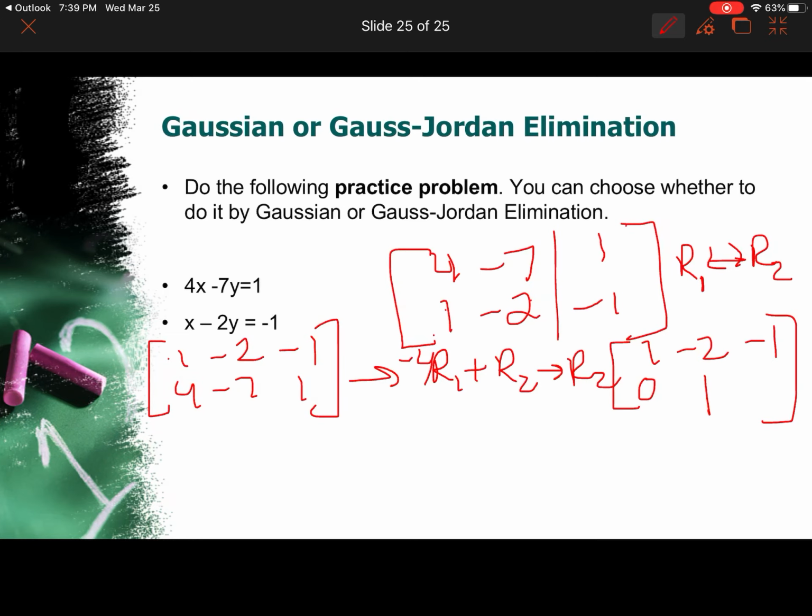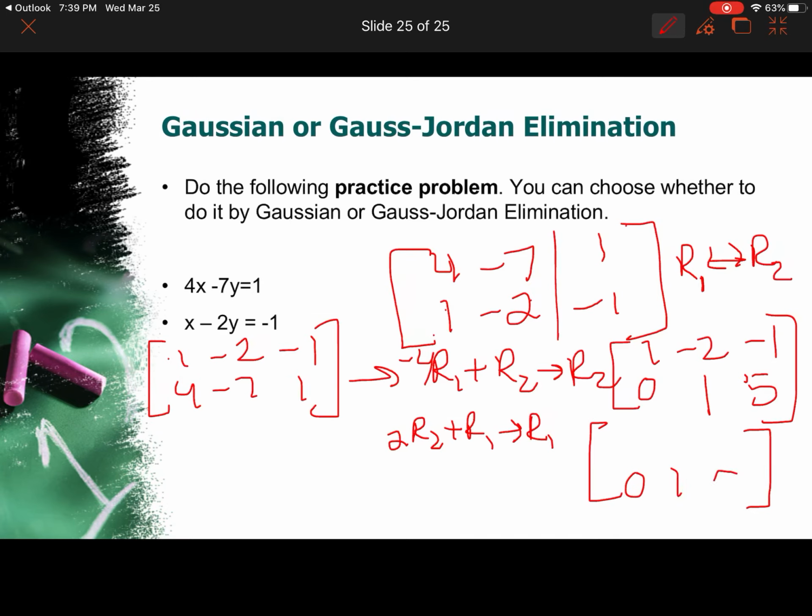And -4 times 1 is 4. Plus 1 is 5. If you notice, I already have my y value. I just have to plug that in if I'm stopping and doing Gauss-Jordan. If I want to do one more matrix to get the Gauss-Jordan method, I would do 2 times row 2 added to row 1 to make a new row 1.